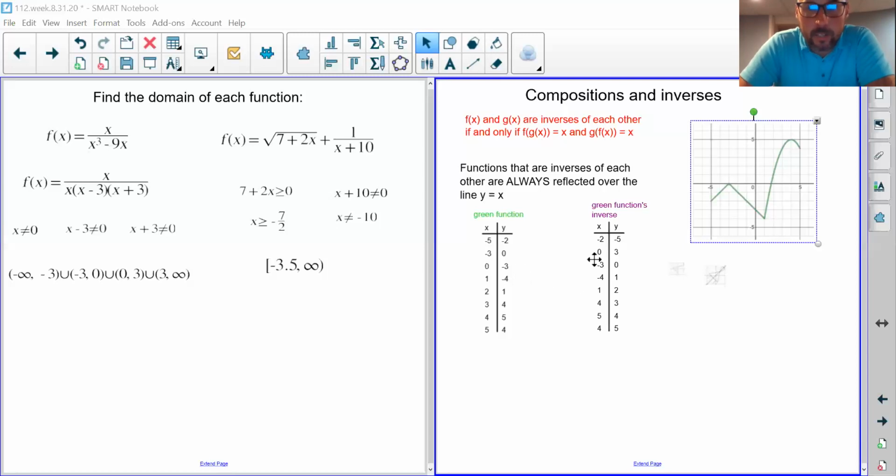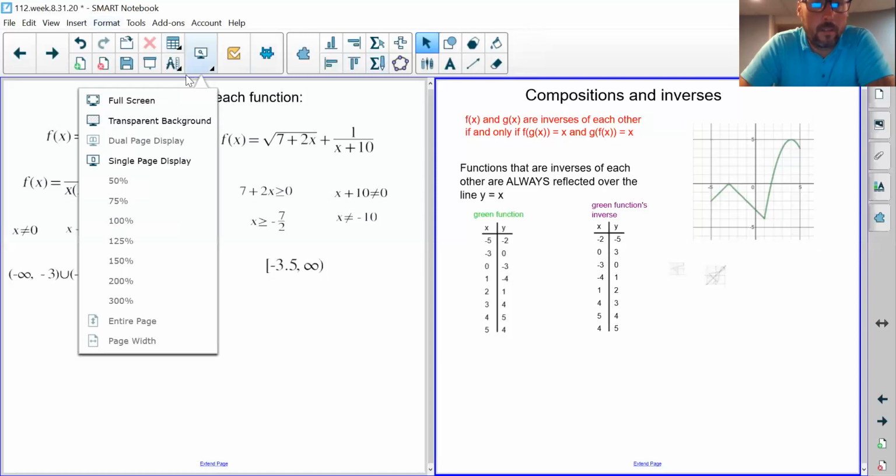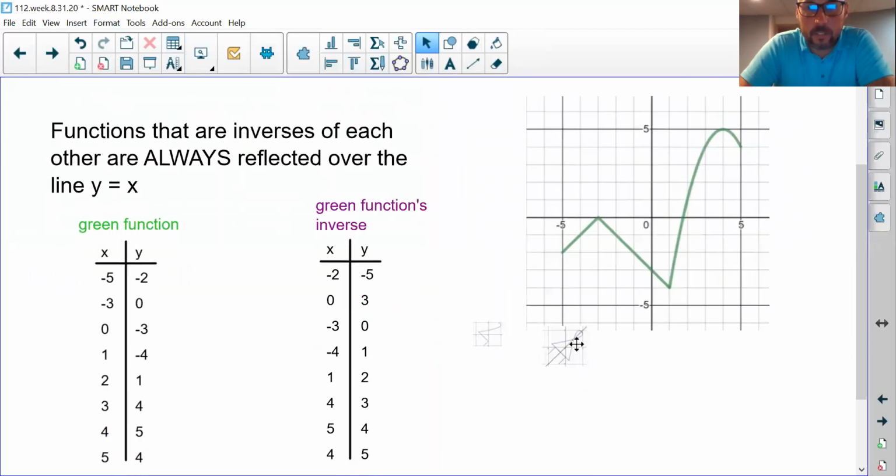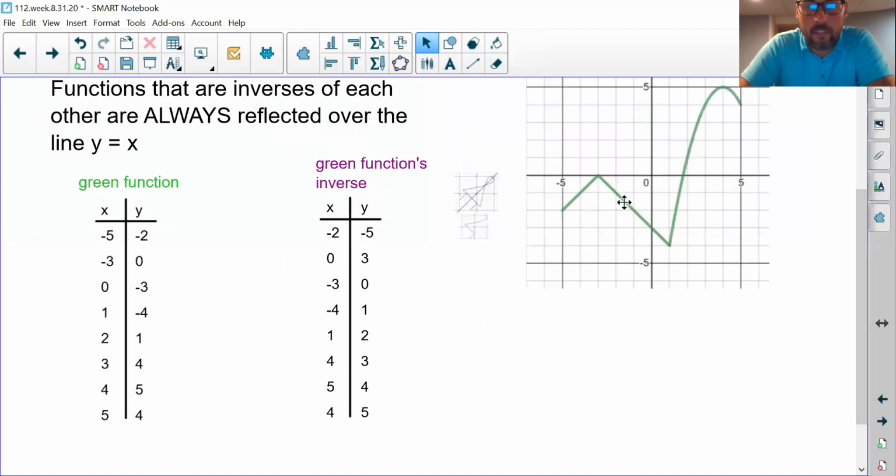It's really interesting to look at it in terms of ordered pairs. Here I've got this funky little function, a piecewise function. And I wrote down just several ordered pairs. -5, -2 is an ordered pair. -3, 0.